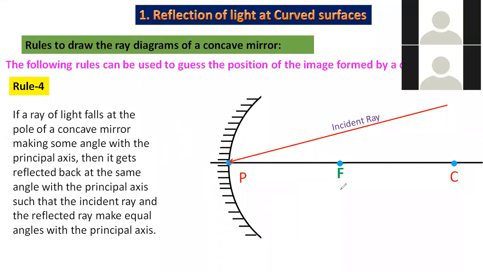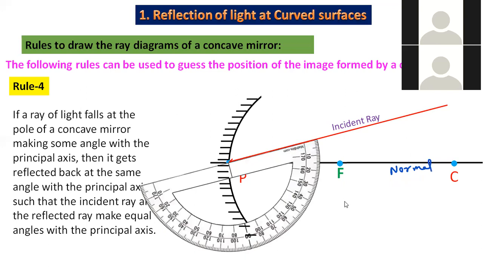The normal at this point is the principal axis only, right? Because it is connecting these two straightly. So that's why this principal axis acts like the normal. So this is the only normal for us. We have to measure the angle of incidence between the incident light ray and the normal. So that I am showing you here. This is the angle of incidence.